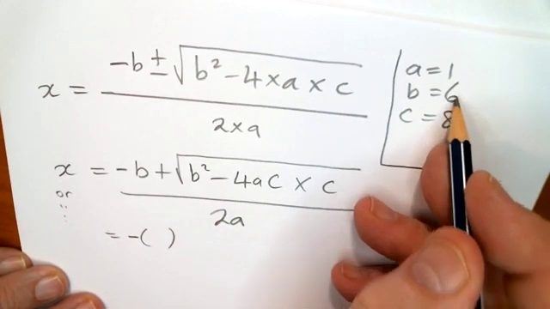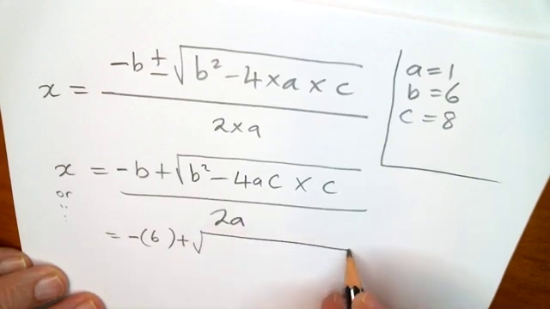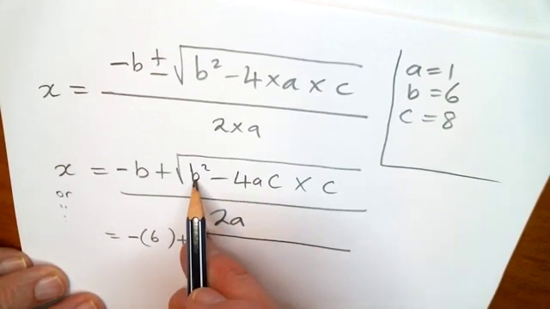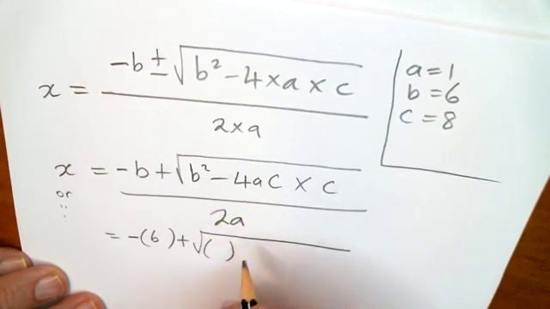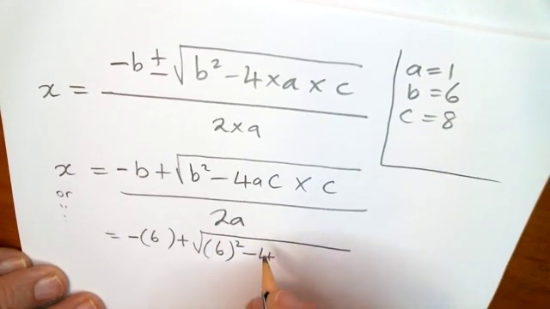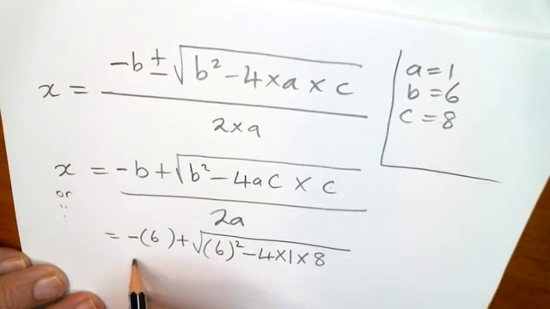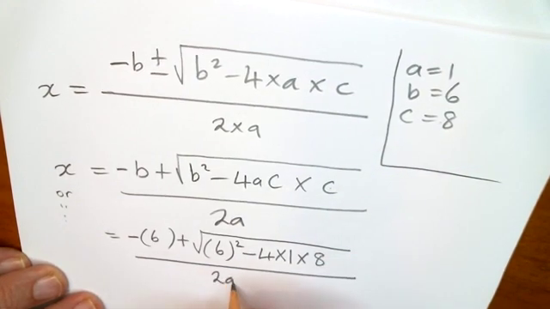Well, b is 6, here it is, plus, in this case, the square root of b squared. What's b? b is 6, that's right, minus 4 times a, and a was 1, times c, and c was 8, all over 2a.